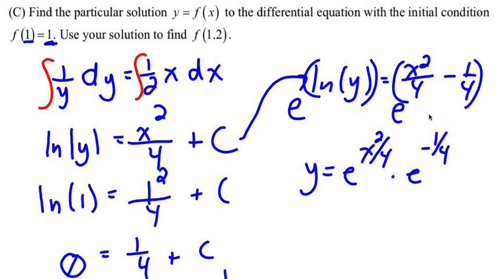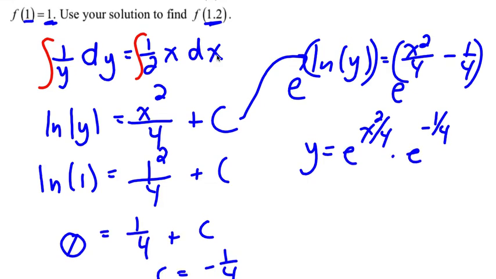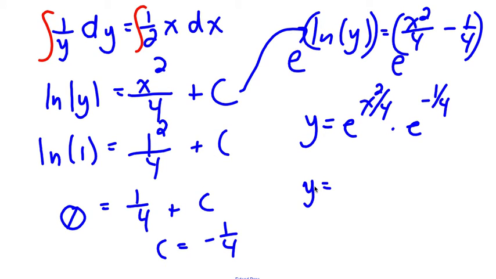And we want to know, same thing here, use your solution to find 1.2. So y is equal to e to the negative 1/4 times e to the 1.2 squared divided by 4. That's how I would write this in your calculator. You're going to have to use your calculator on this. I don't know if the problem specified whether it was a calculator problem or not, but that's your exact answer. Anyway, let's plug that in the calculator. E to the negative 1/4 times e to the 1.2 squared divided by 4.